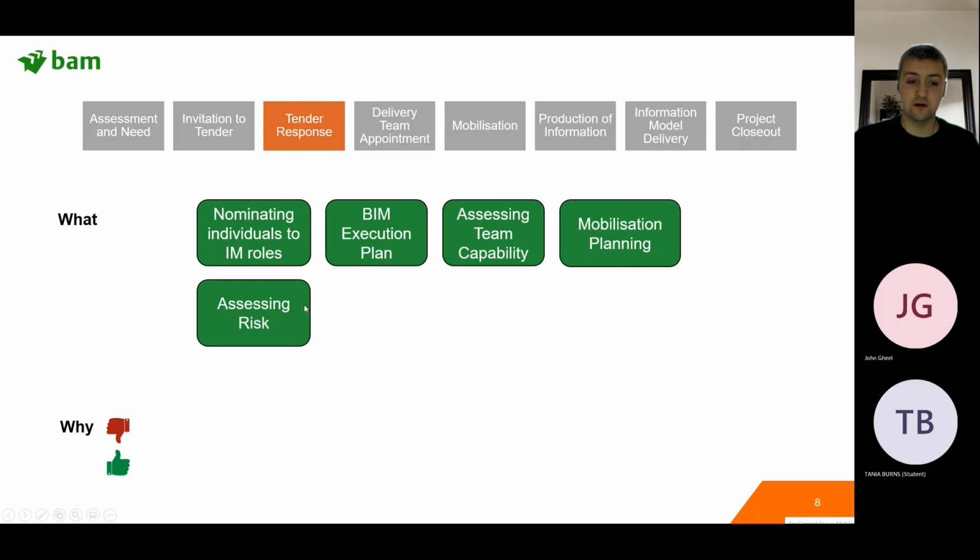Again, the standard is forcing us to follow industry best practice by assessing risk to everyone really, not just to us, to the client as well. An example of a risk would be where we've carried out our capability assessments.